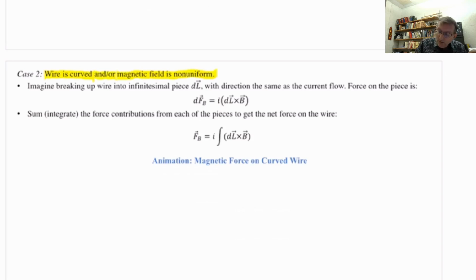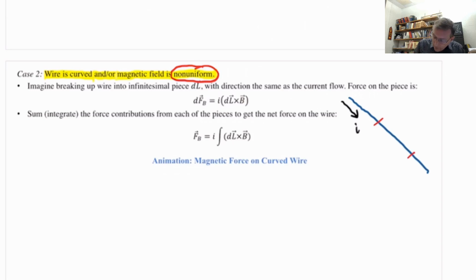Let me do a little picture for you looking at that case to try to make it clear what we mean. Let's go ahead and keep the wire going straight, like so. And we'll say the conventional current I is flowing like so. And this wire is immersed in a magnetic field. And we're going to be interested in the length between there and there.